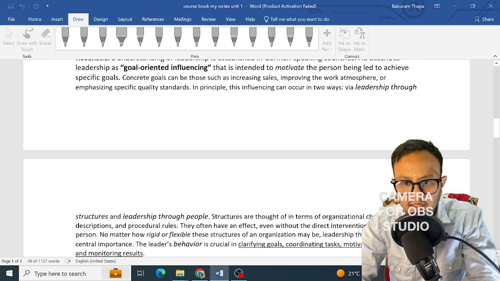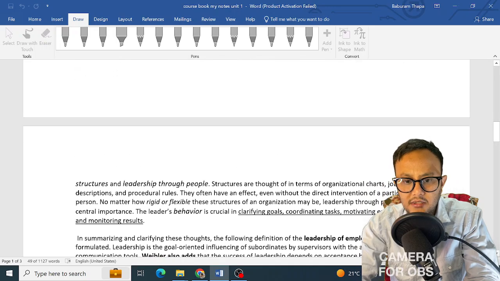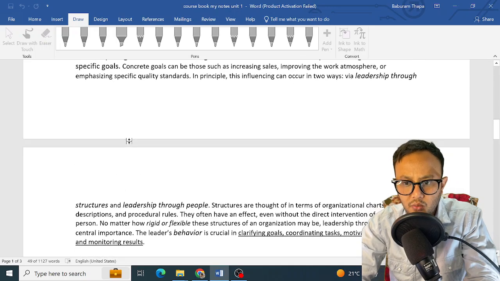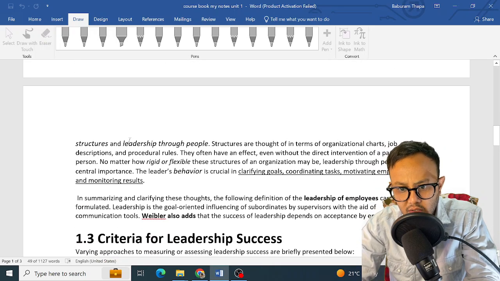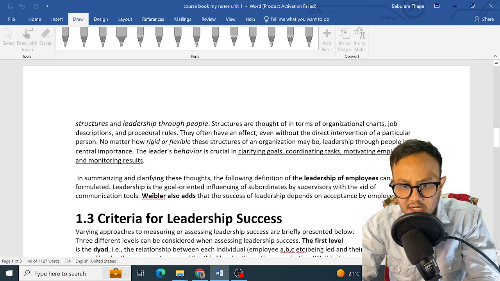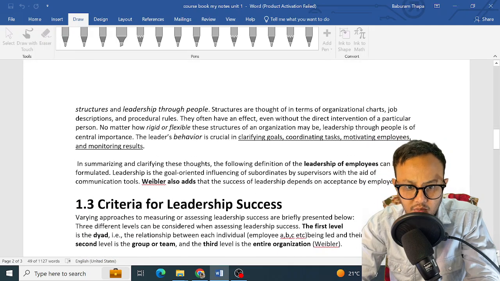These are the ways in which influencing can occur, right? You can influence in 2 ways: leadership through structures and leadership through people. Structures are thought of in terms of organizational charts, job descriptions and procedural rules. This is the organizational hierarchy.